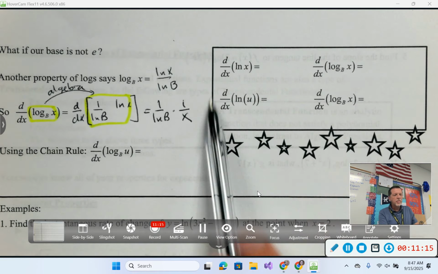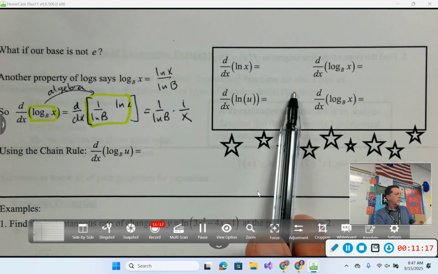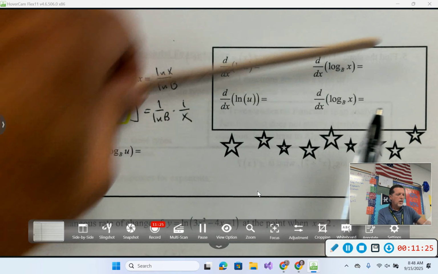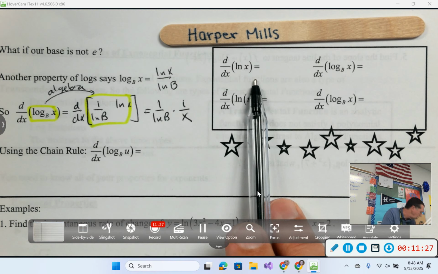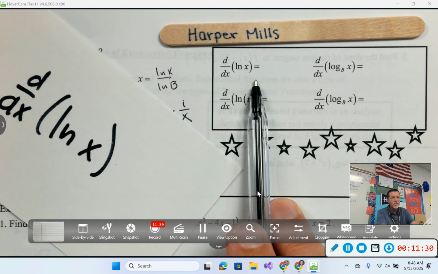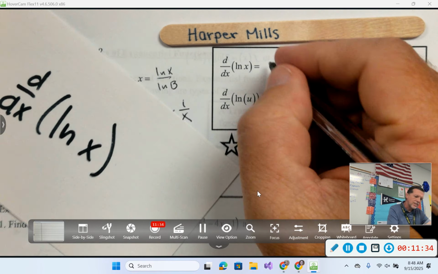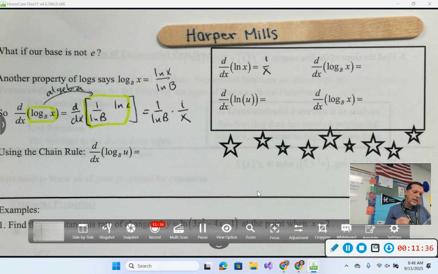Okay, so let's fill in this box. Some of this box we know, some of it not so much yet. That's okay. Harper, how about that first one? That's the card that somebody's going to get tomorrow. What's the derivative of the natural log of x? 1 over x. That's the easy one, or the easiest of the bunch anyway.